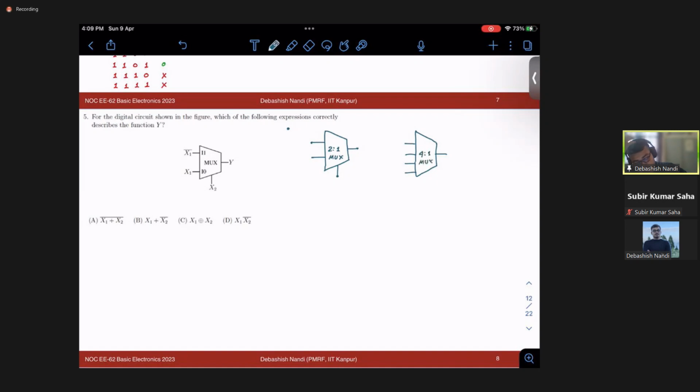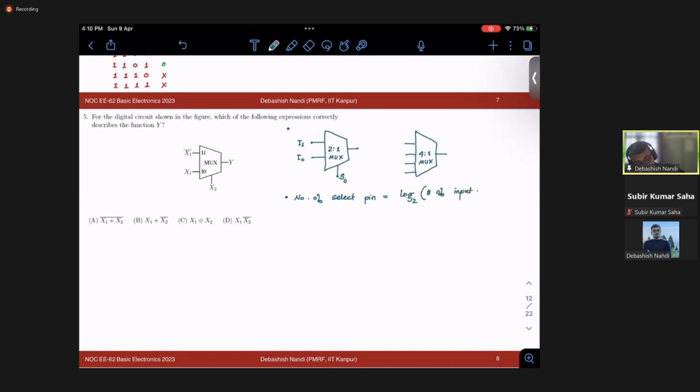So 4:1 mux. Let me say this is input 1, this is input 0. So what will be the number of these pins? These are called control, or select. Control and select. So what is the number of select pins? The number of select pins is equal to log base 2 of the number of input pins.